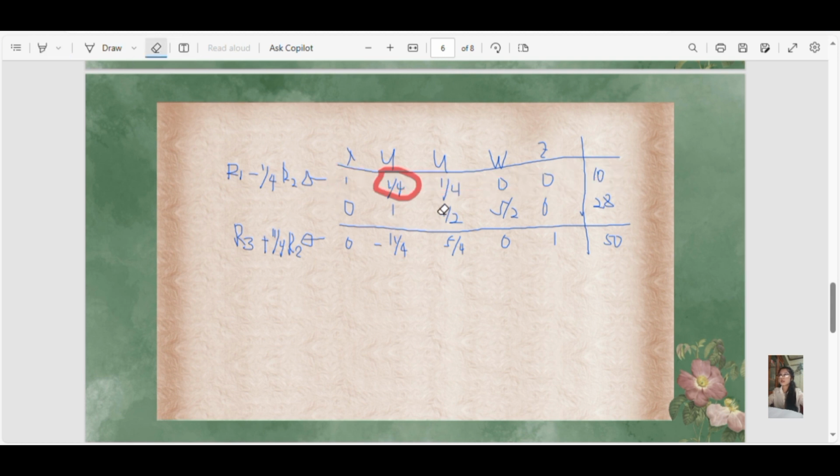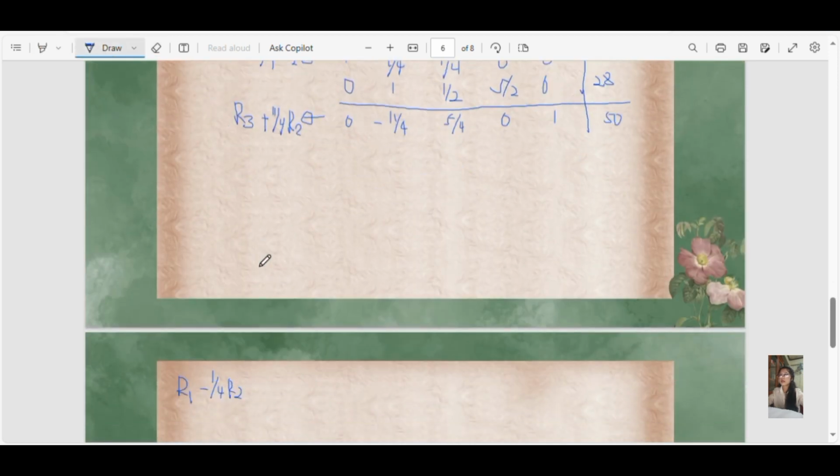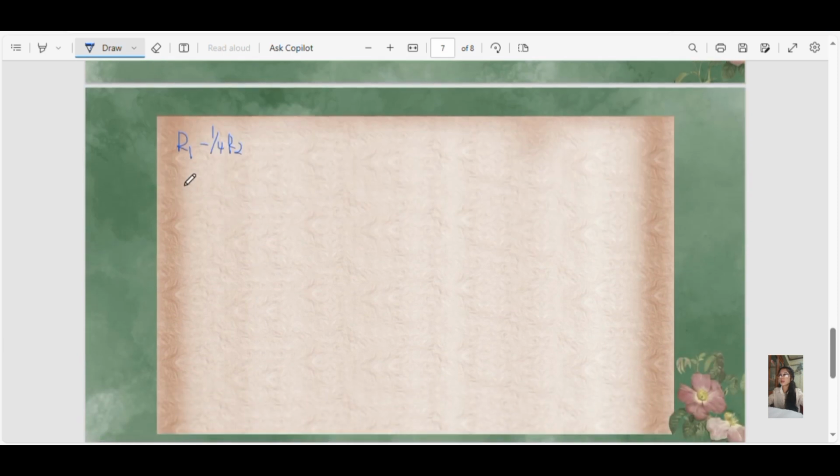Let's copy row 1 again: this will be 1, 1/4, 1/4, 0, 0, and 10.